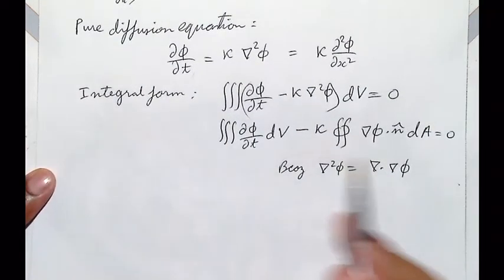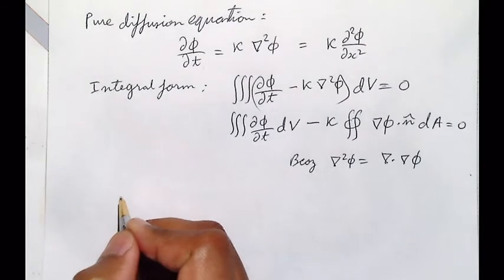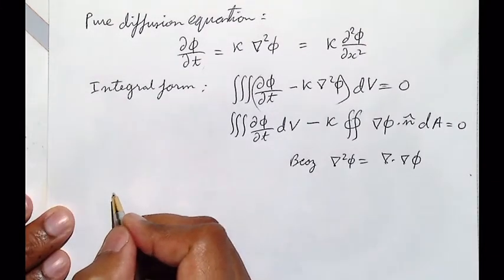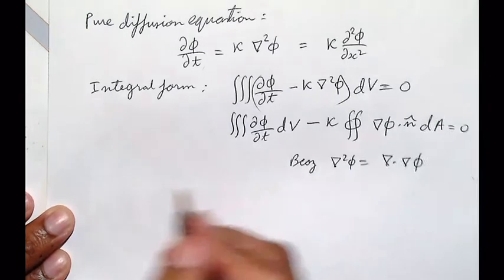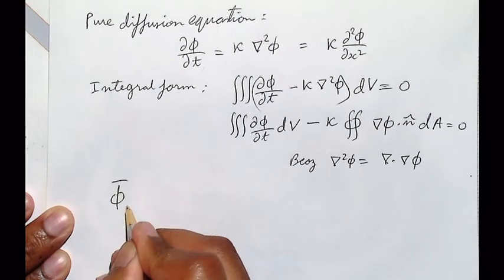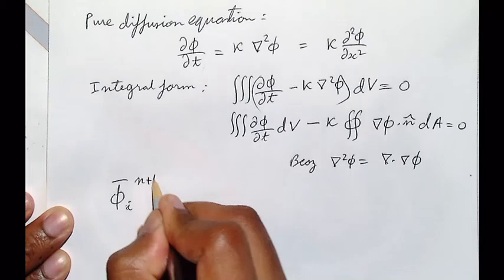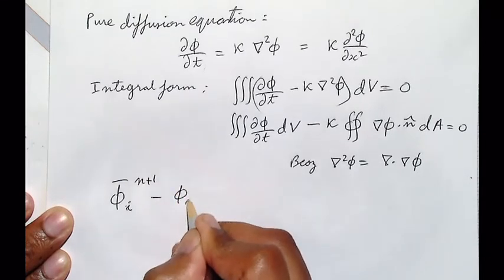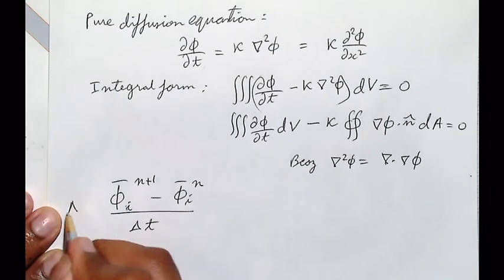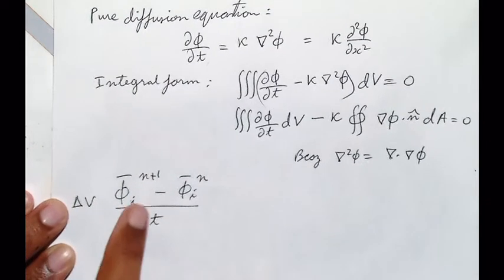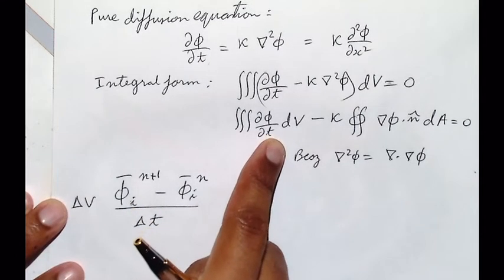Alright, so discretize this in finite volume form. Similarly, phi bar at i, n plus 1 minus phi i n over delta t, and we put a delta V in front, because phi bar is the average, and we want the total in the volume, in the cell.